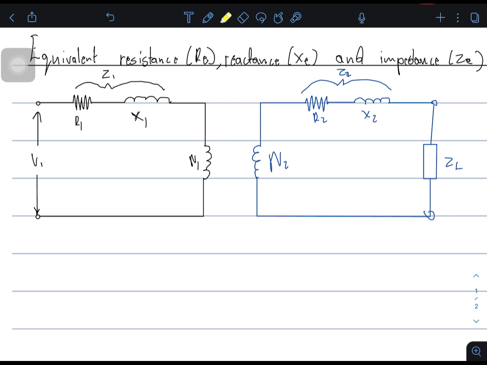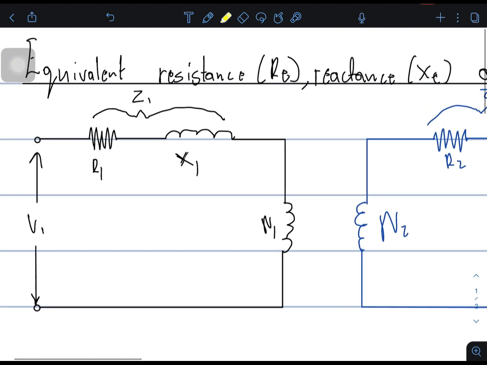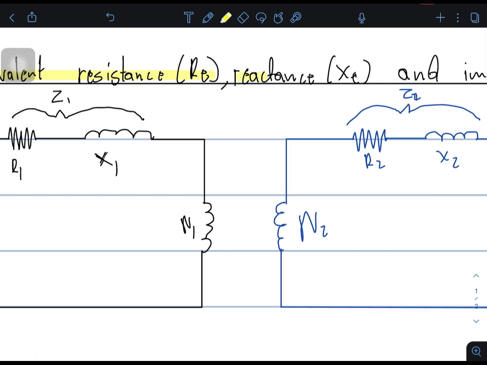Okay, for us to know internal voltage drop, what we need to know is the equivalent resistance of this transformer circuit. Okay, what is the equivalent reactance?